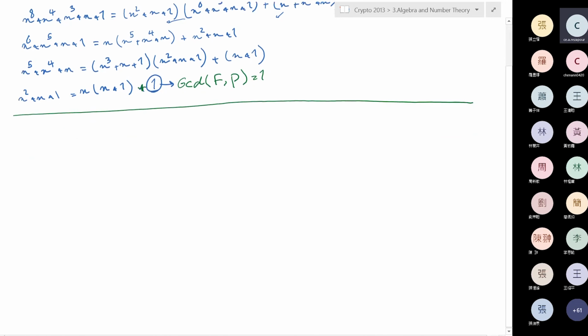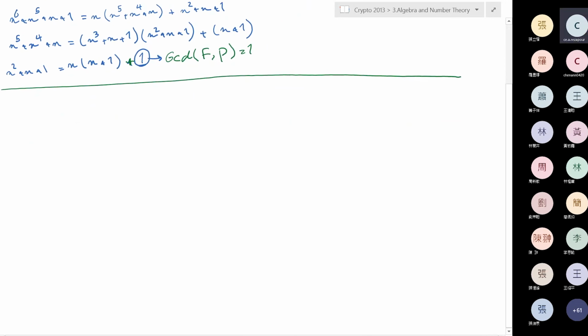So we start from the last equation. We had 1 equals, from this one, I can rewrite that 1 equals, I take this one to the other side, so I get x2 plus x plus 1, right, minus x times x plus 1, right? So this last equation, I keep 1 over here, and then I just rewrite this equation, so I get this equality.